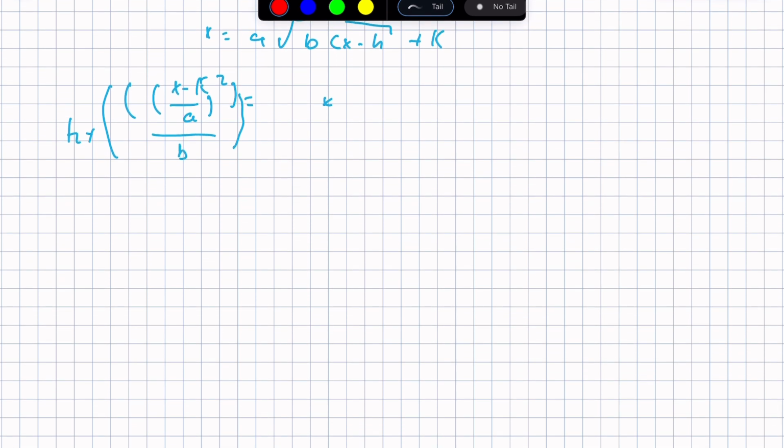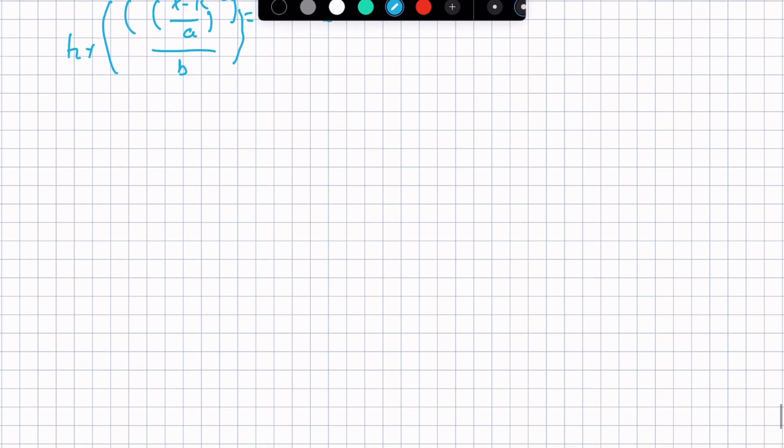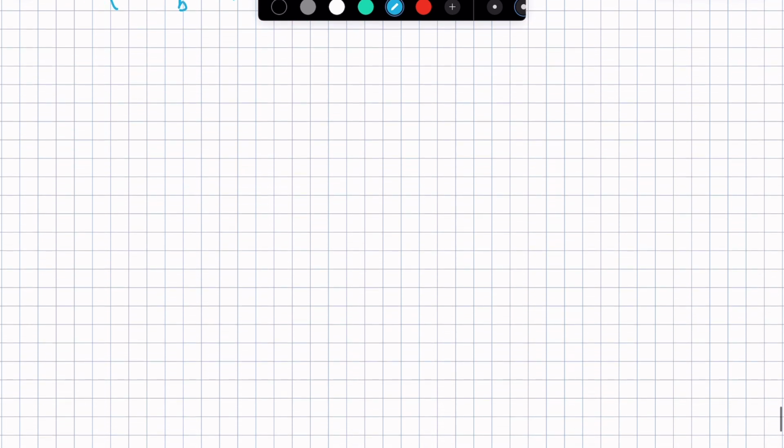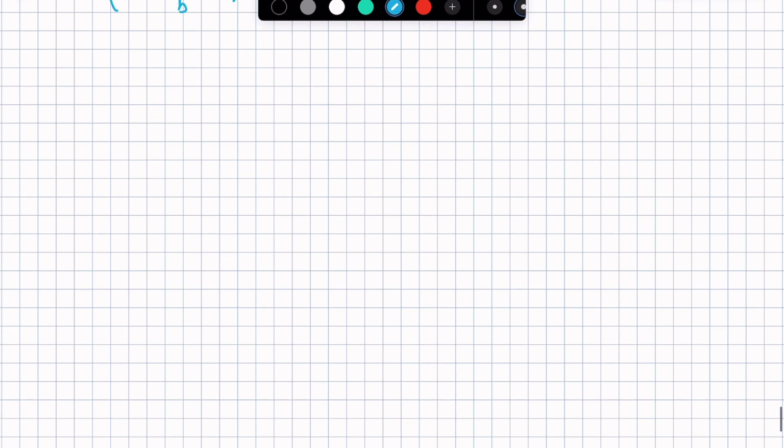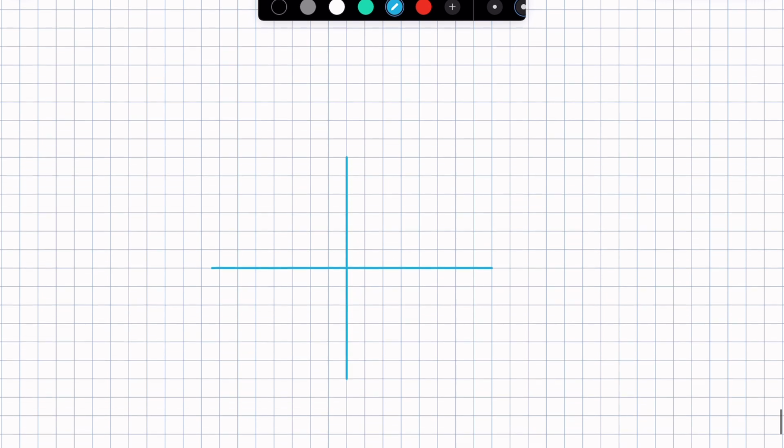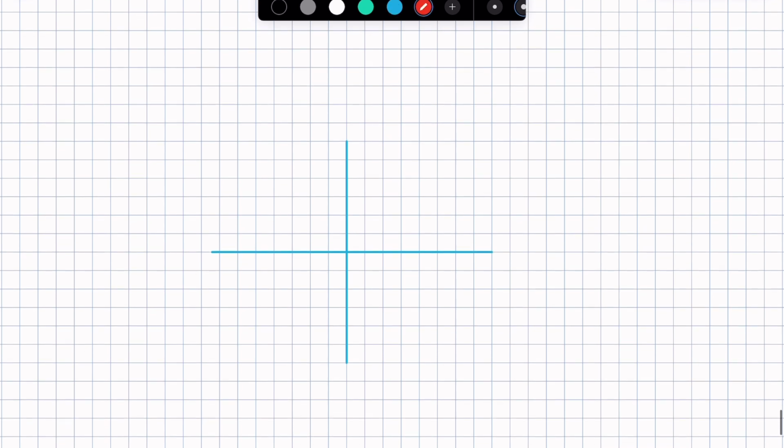Now the next thing is, hold on. Okay, so the next thing is, we already did the réciproque. Now we're gonna trouver des règles, okay? So I'm gonna draw a règle. You do, okay.